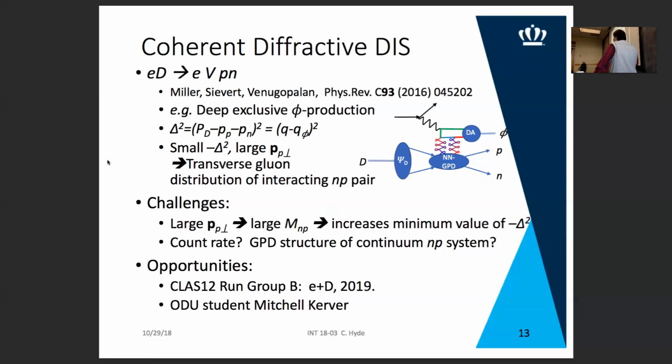So the angular dependence as well as the magnitude of p perp should help us understand those effects. But yes, I agree.